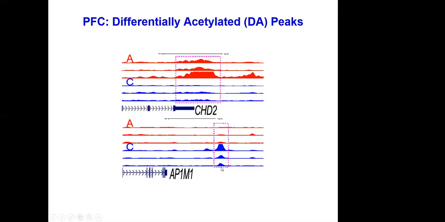You have a very nice ChIP-seq peak, presumably an enhancer, in control individuals, completely wiped out in autistic individuals. So there's no enhancer there. We found quite a few of these dramatic differences. Of course, they were not all so dramatic, but this is what we wanted to see: differences in the epigenome between autistic and control brain. And as I said, some of them are causal, some of them are the consequence of autism rather than causal.